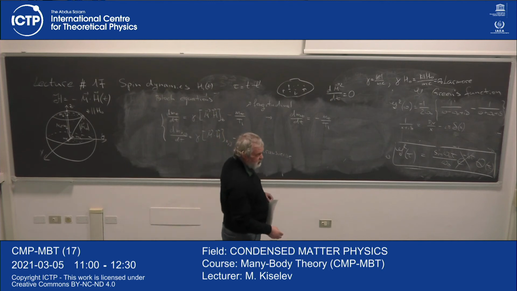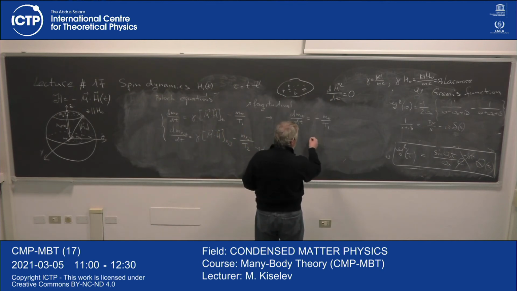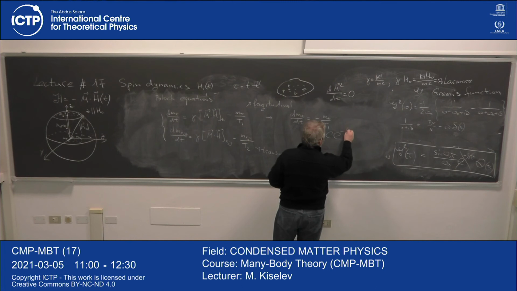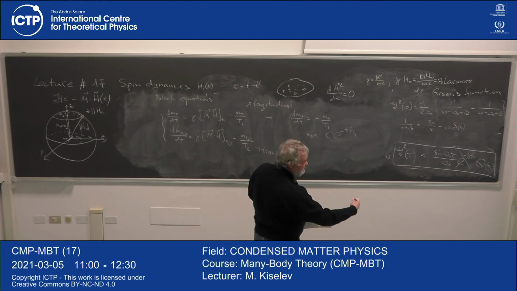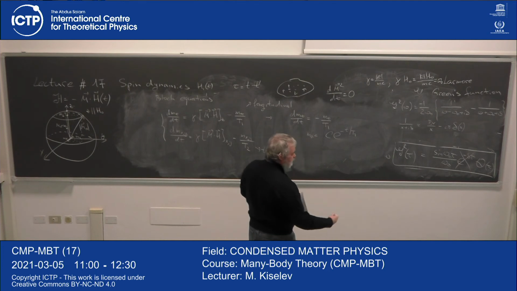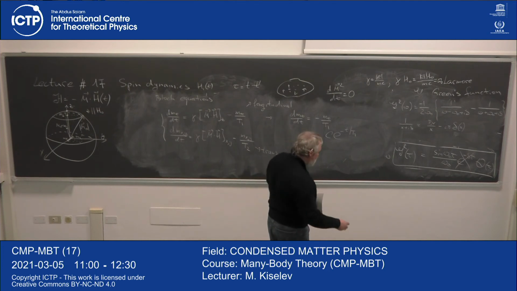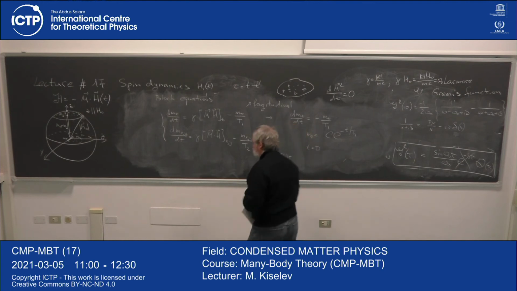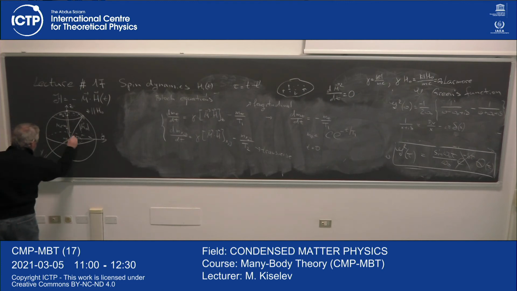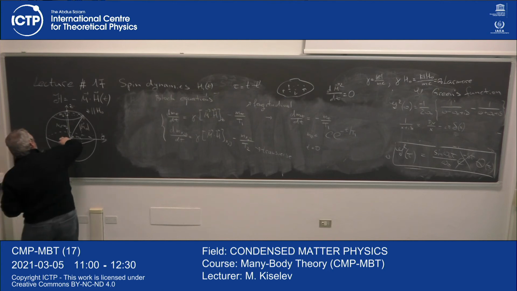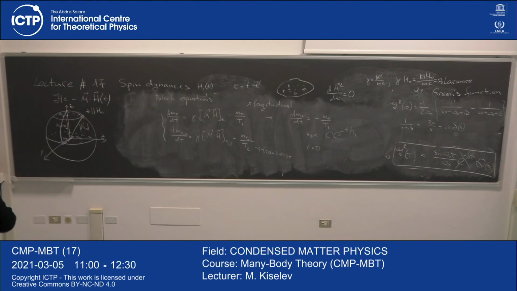Let's look at this equation. This differential equation has a very simple solution. So mz is equal to C times e to the power minus t over T1. And if we set the problem that you put your magnetization vector at the equator at time equal to 0, like that, and then you see what happens with it at larger times.